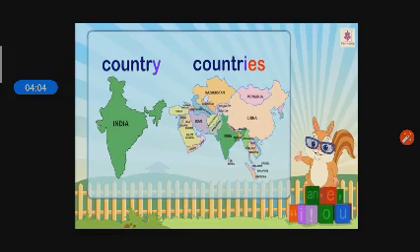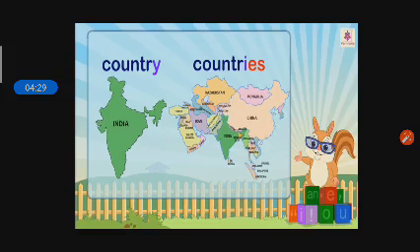COUNTRIES, countries. You can see in the answer, I dropped Y. Instead of Y, I wrote IES. Am I right, students? Learn it carefully. Instead of Y, I wrote IES to make plural forms.